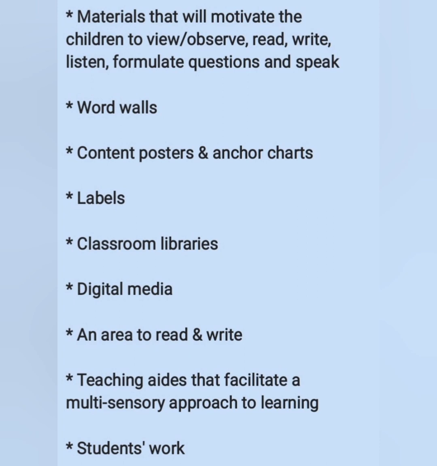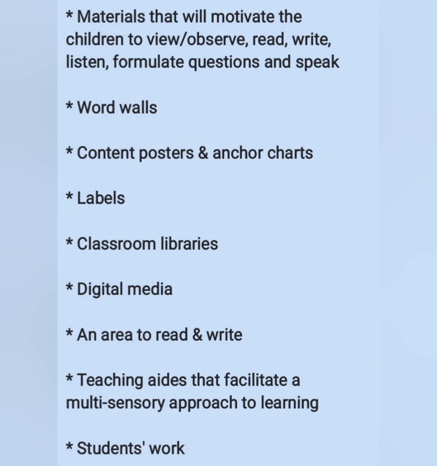Next, we should have labels. Labels come in different forms. So we should see labels with the student's name on their items that they bring from home. We should see labels on their work that is being displayed. We should see labels for things within the classroom environment and things within the wider school environment. So we should see labels that say table, with TABLE on the table.